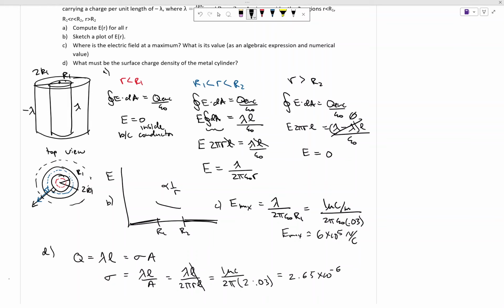So basically 2.65 microcoulombs per meter squared, sigma. And there you have it. That's how you would compute this related quantity.